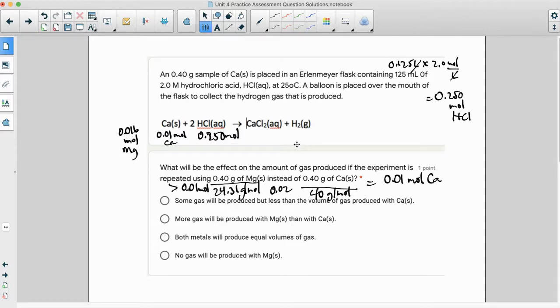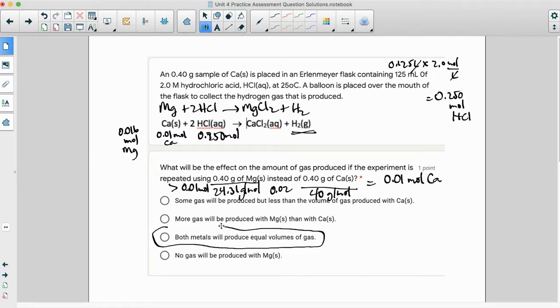So we should get exactly the same amount of gas produced, even if we replace this with magnesium. Magnesium will react in the same way. It'll have the same stoichiometry. It's just that it will form magnesium chloride instead of calcium chloride. So we should not expect any change in the amount of gas. So let's see. Both metals will produce equal volumes of gas.